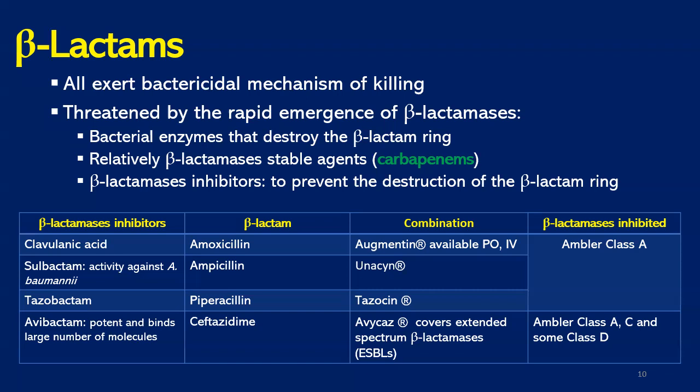Also, there's a new generation, which is avibactam. Avibactam binds potently with the beta-lactamases, and each molecule of avibactam will bind 5 surrounding beta-lactamases, and it's even able to inhibit the ESBL bacteria.